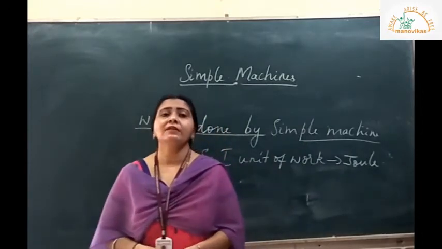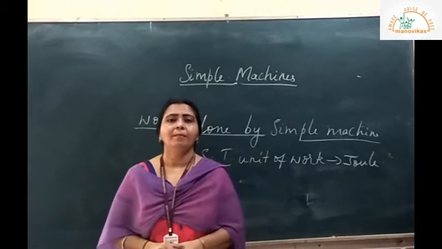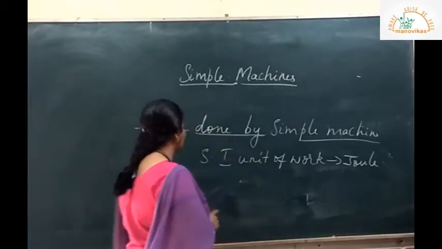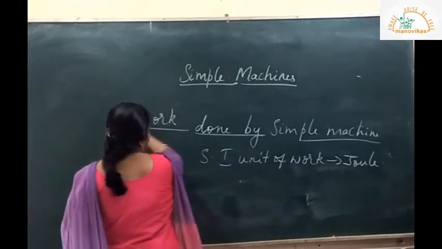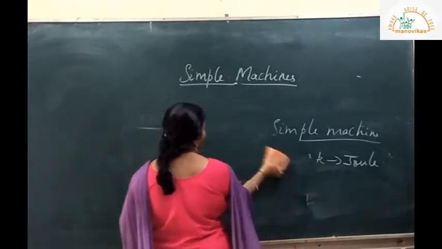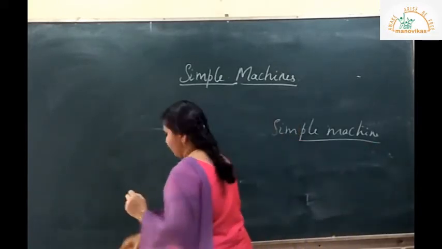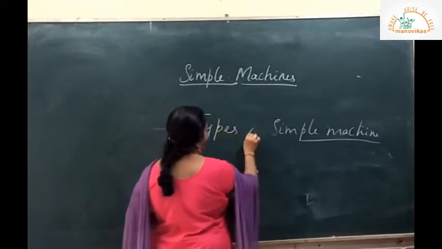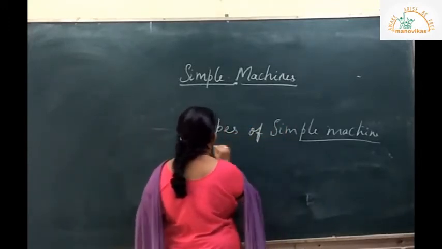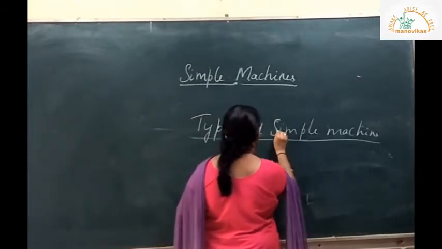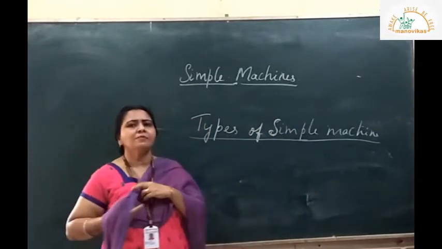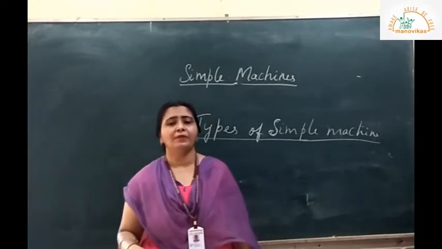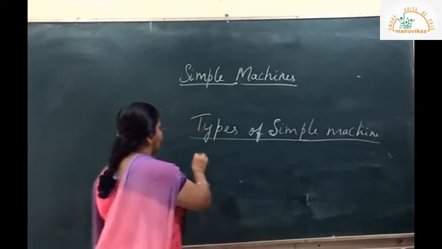Now, let us see the types of simple machines. There are 6 main types.